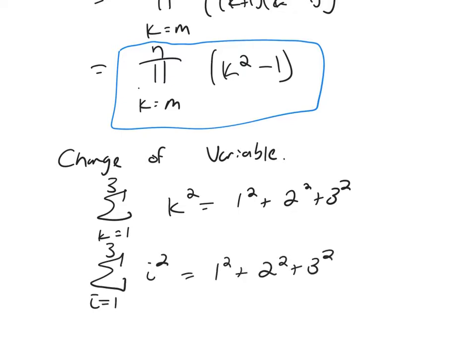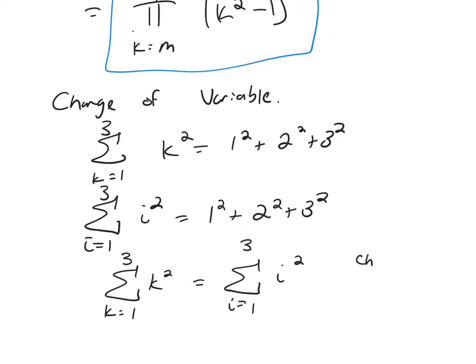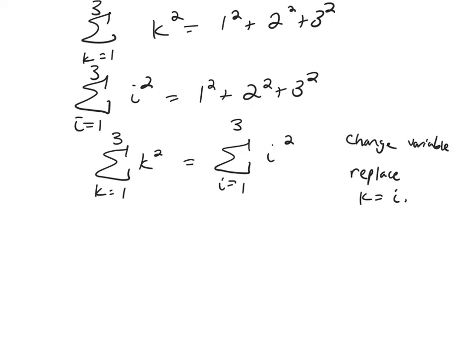So we could say that these two summations are equal. And really, what have you done? You've changed your variable from k to i. You replace k by i.